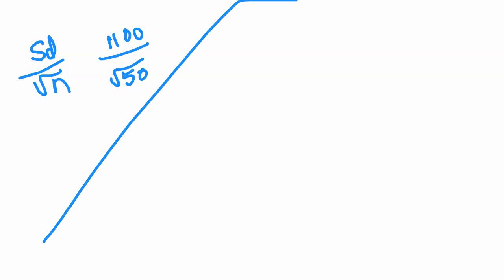That was 1100 over the square root of n, which was 50. That was the first problem. That was 155.563. Okay, or you could do it this way, okay?